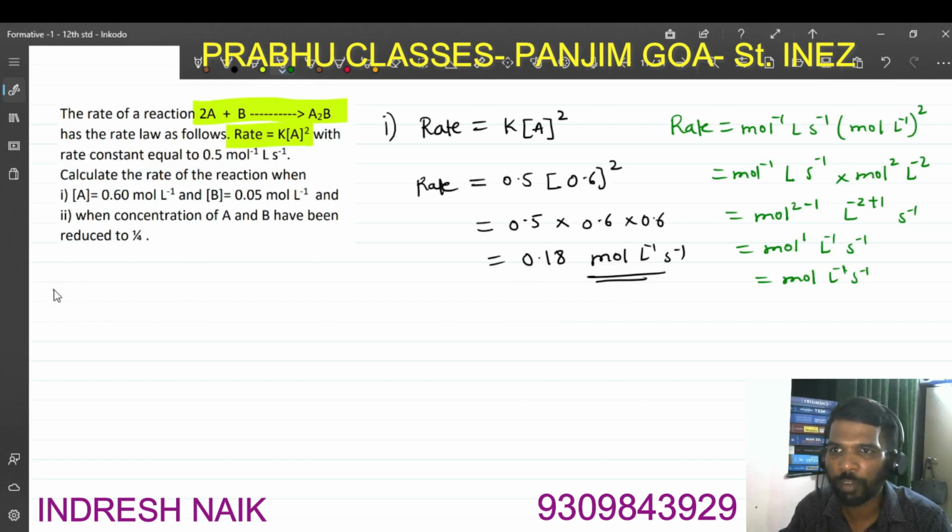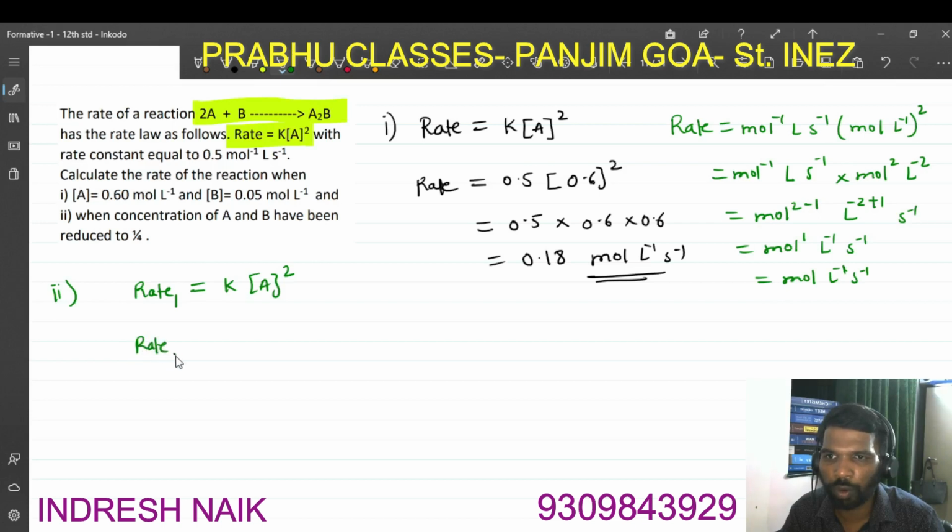So second question, when the concentrations of A and B have been reduced to one fourth. Let's say that initial rate 1 is k A raised to 2. So what will rate 2 be? It will obviously change if we reduce the concentrations of A and B to one fourth.